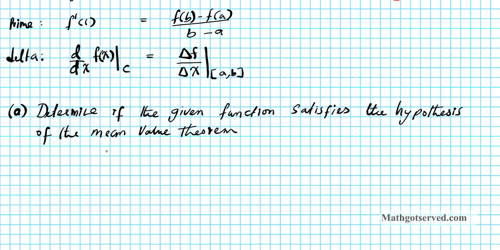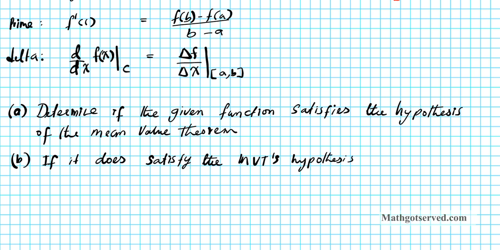That's the A part. And then the B part: if it does satisfy the MVT's hypothesis, then you now have to find the C, that special C.